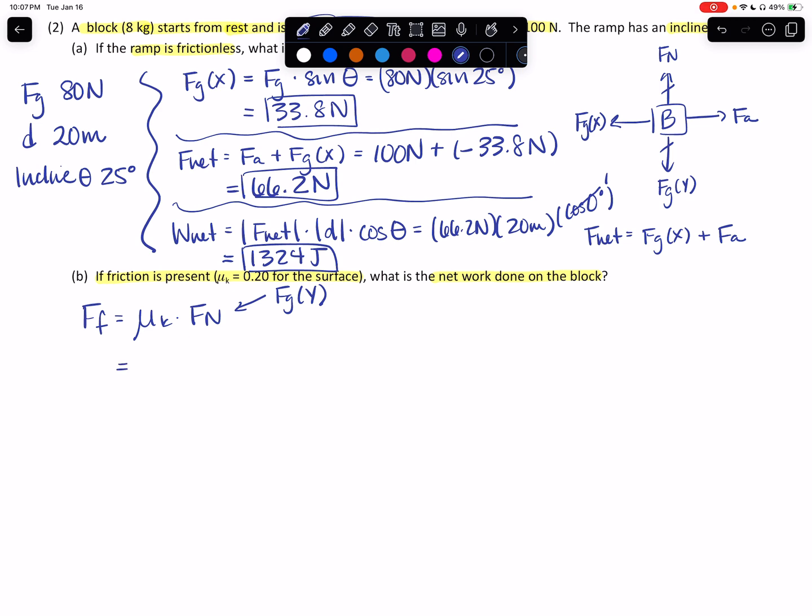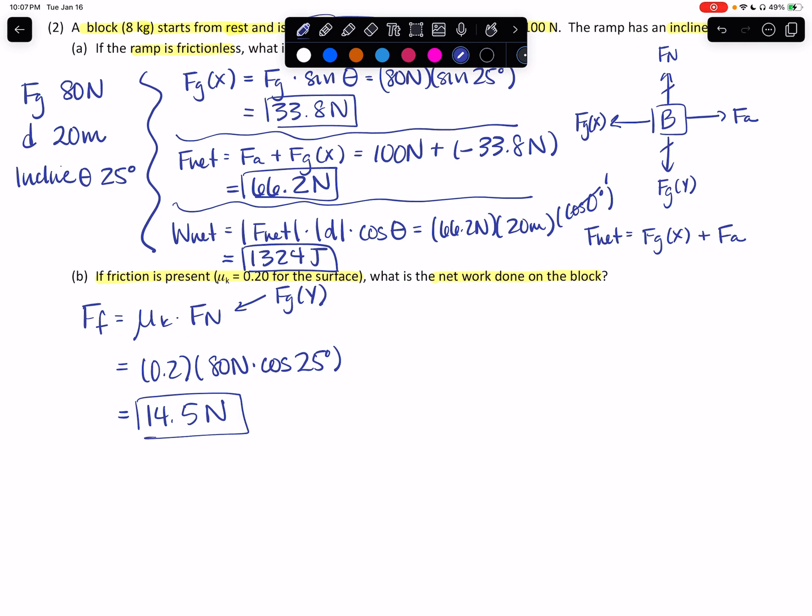So we're going to get 0.2 for our mu value, and then FGY, we're going to have 80 newtons times the cosine of our incline angle, 25 degrees. Plug that in, and we have friction providing 14.5 newtons worth of force.